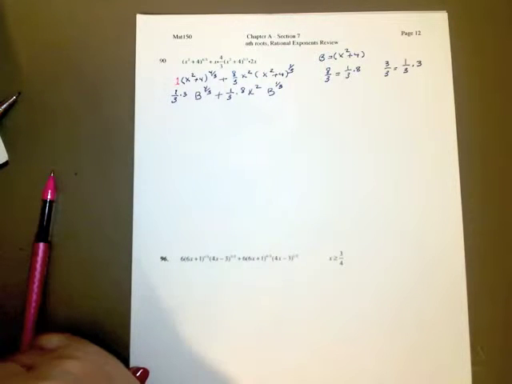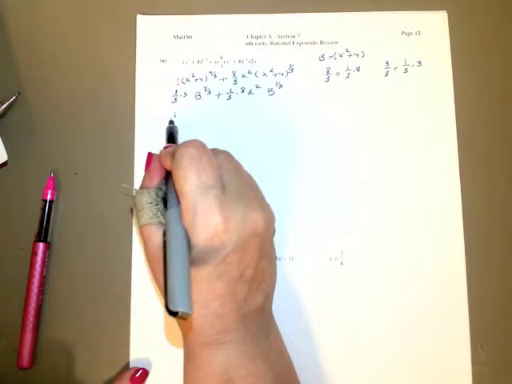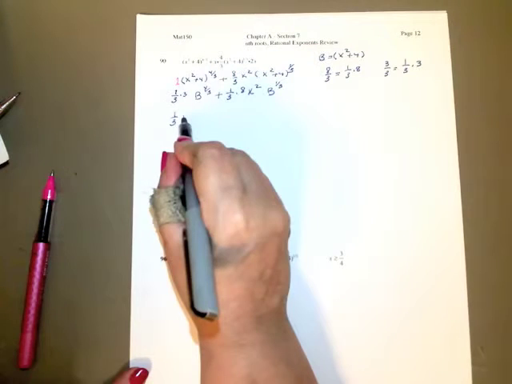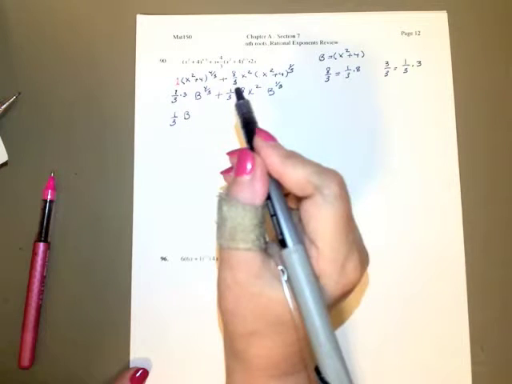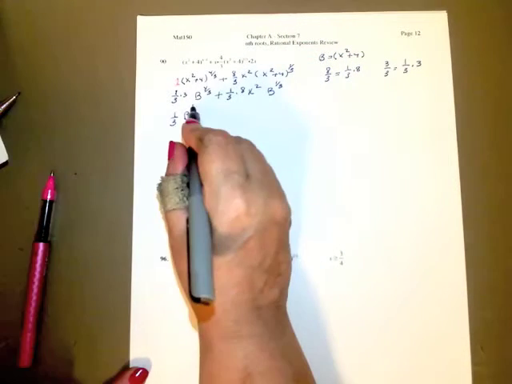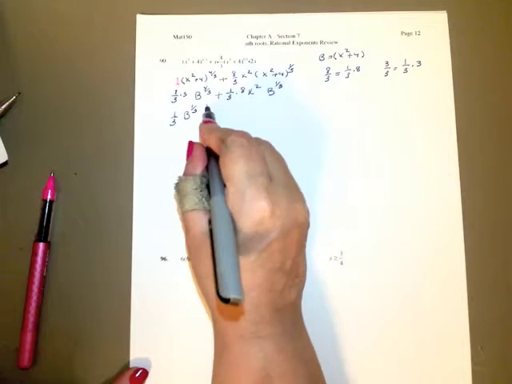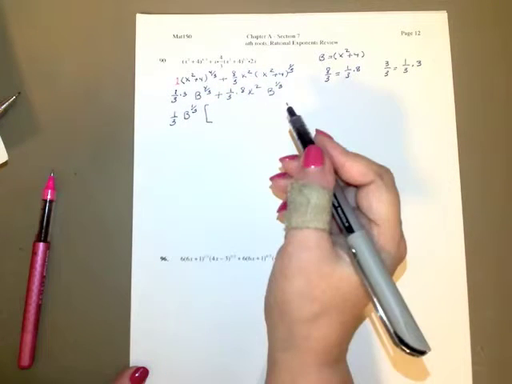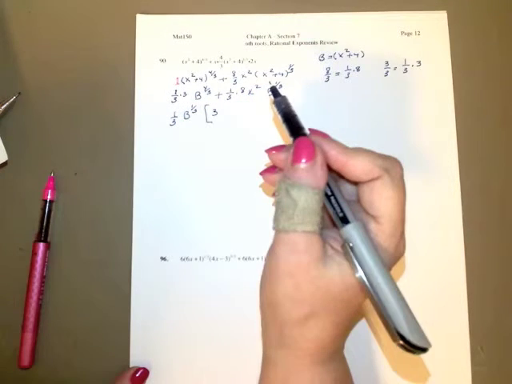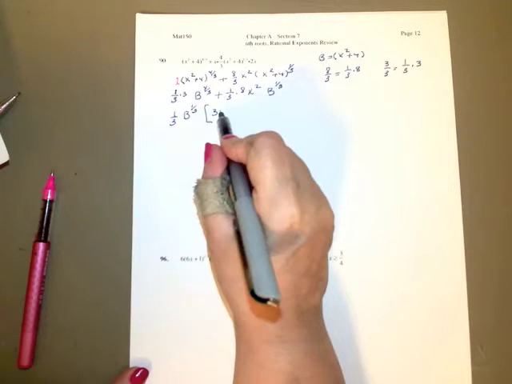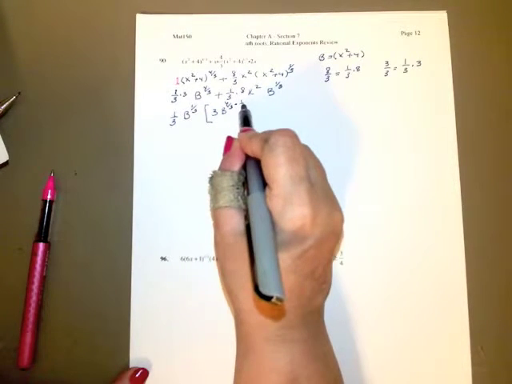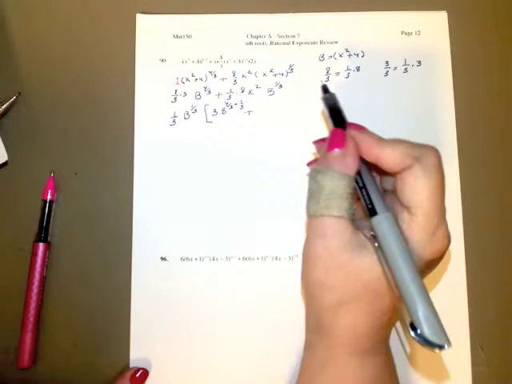Now if I look at my GCF, it is 1/3, and then I have a b, and the smallest power is 1/3. So what am I going to be left with? If I remove the 1/3, I've got a 3. If I remove a b to the 4/3, I'm going to remove 1/3 plus.